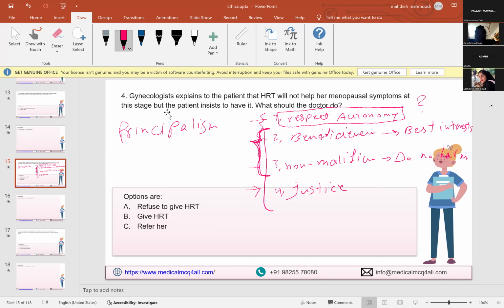So when there is something to choose, you respect the patient's autonomy. Example, you tell the patient, hey, you have cancer, you have to start chemotherapy. These are the benefits, these are the risks. Do you want to take chemo? The patient is competent, mature, and tells you, no, I want to enjoy my life as short as it is.